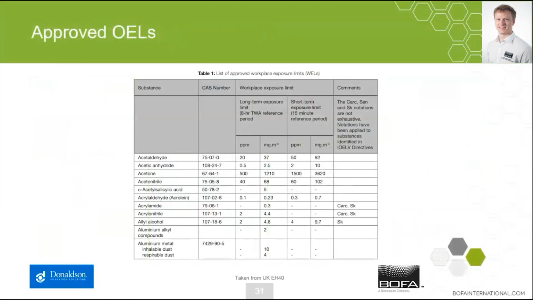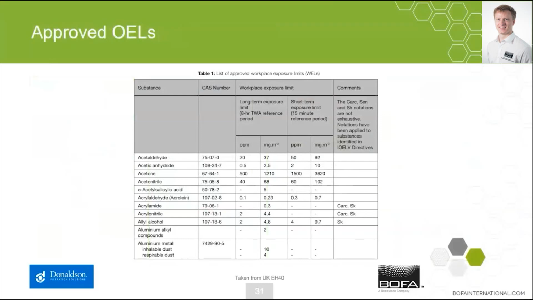On the screen is an example taken from the UK workplace exposure limits. This is representative of the majority of occupational exposure limits. The table would typically contain hundreds of chemicals, but I've just taken a few as an example on the screen. In the first column, you have the chemical name.